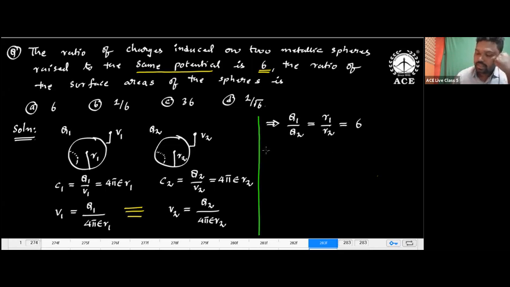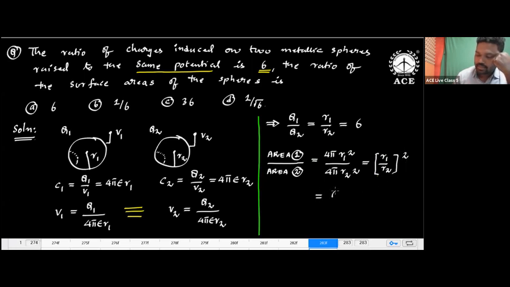He is asking surface area. Surface area of the first sphere divided by area of the second sphere, which is equal to 4 pi R square. Surface area of the first one divided by surface area of the second one is R1 square by R2 square, which is R1 by R2 whole square.